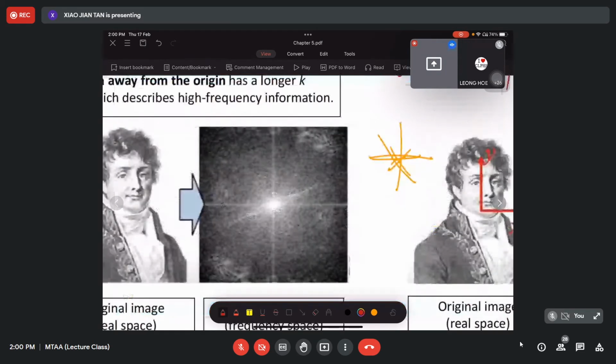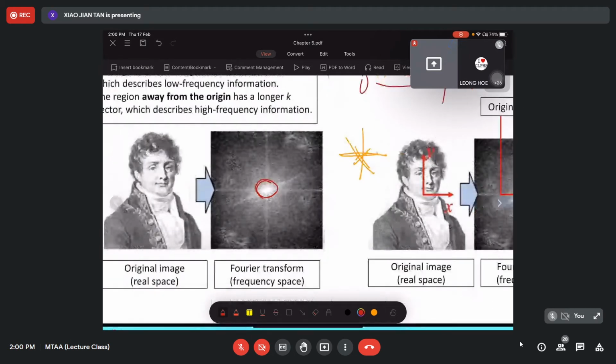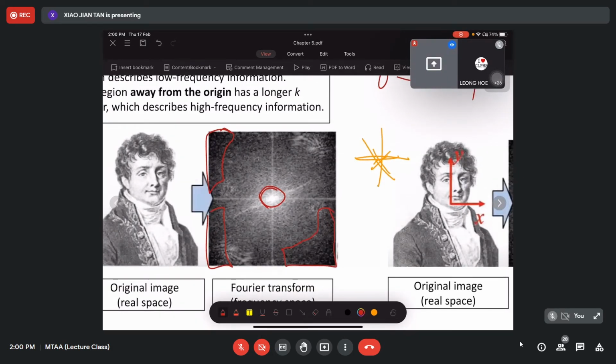So looking at this one, you will find that actually the original image has a lot of low frequency information. So that is why at the origin it's very bright. What information is very less in this input image? Somewhere around here, whereby high frequency information is not that much, but it still has high frequency information. Why? Can you see this region?